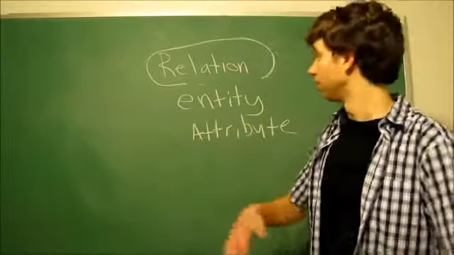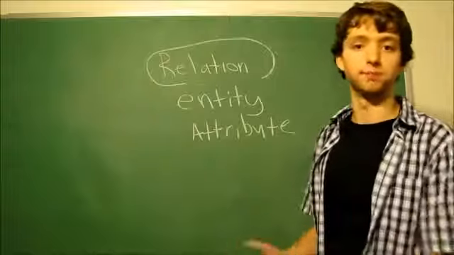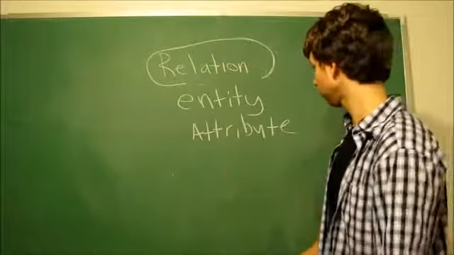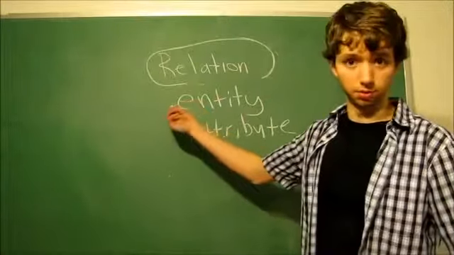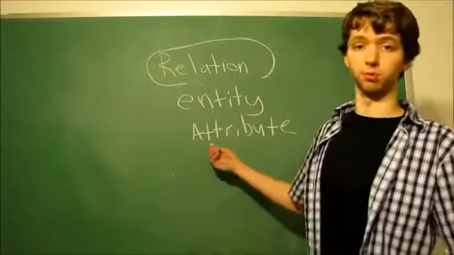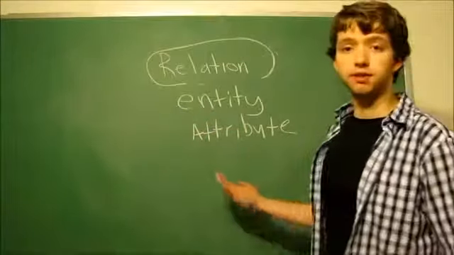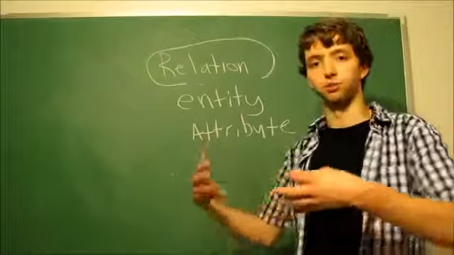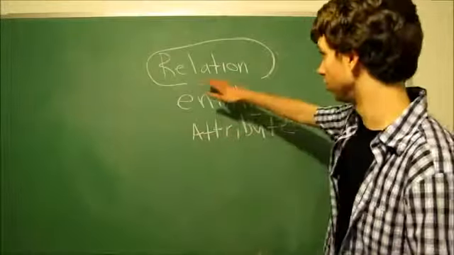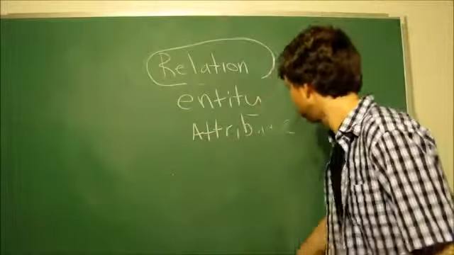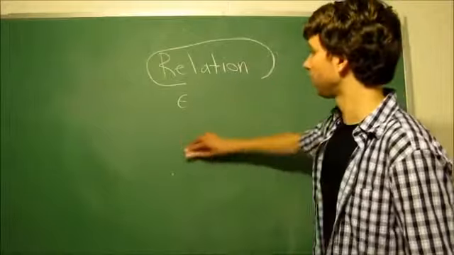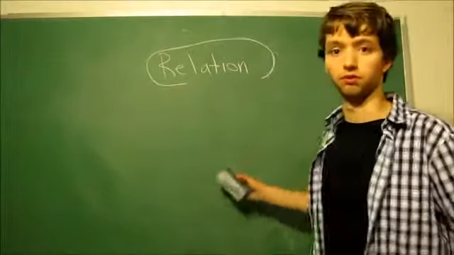It just depends on what you need to store for that specific application. So entity is what we store the data about. Attribute is what we store. When we apply this to this connection with the relation, we have the attribute types and the attribute values.